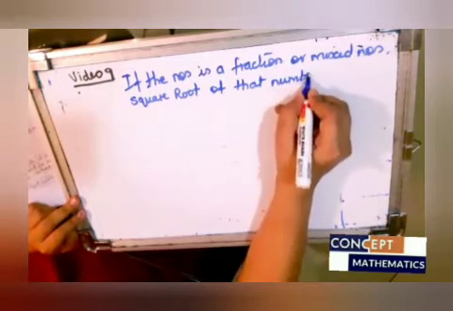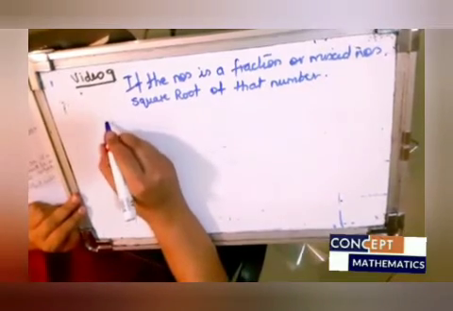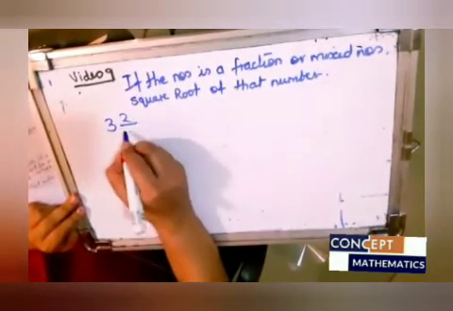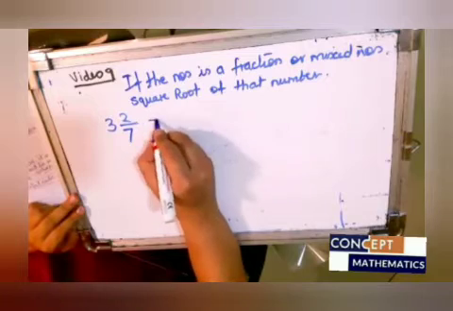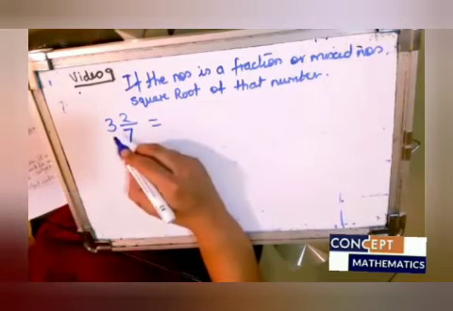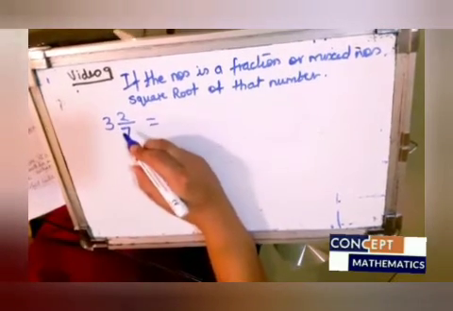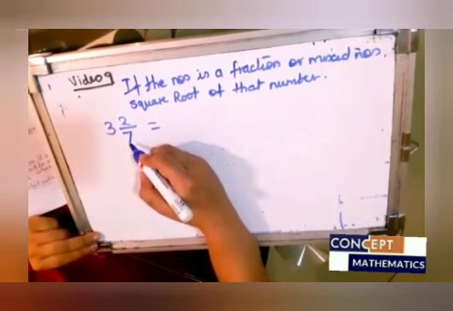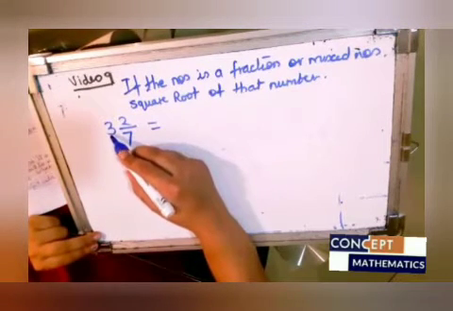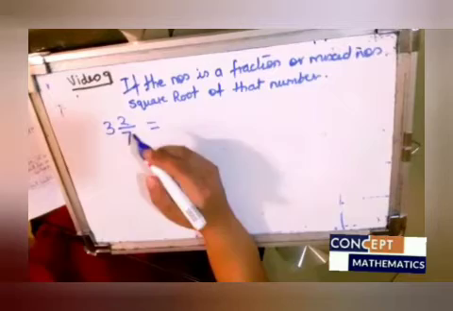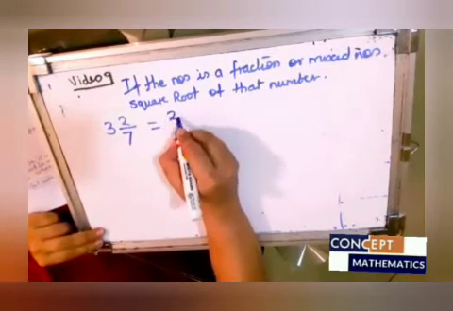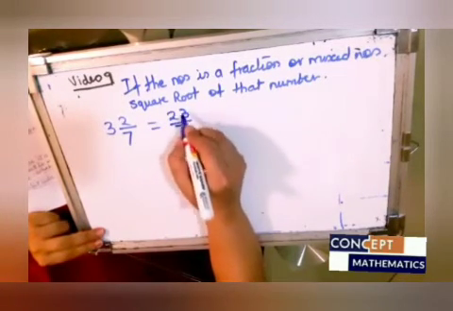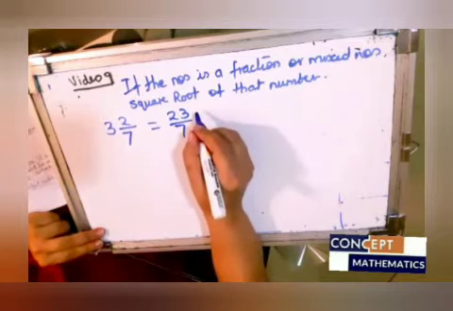So our number is 3 2 by 7. This is a mixed fraction. So when you convert it into improper, it becomes what? 7 3s is 21, and 21 plus 2 is 23 by 7. First divide this number.